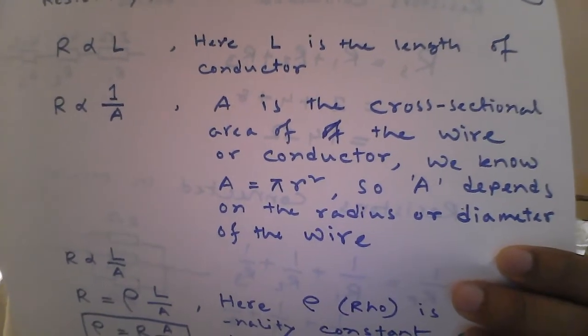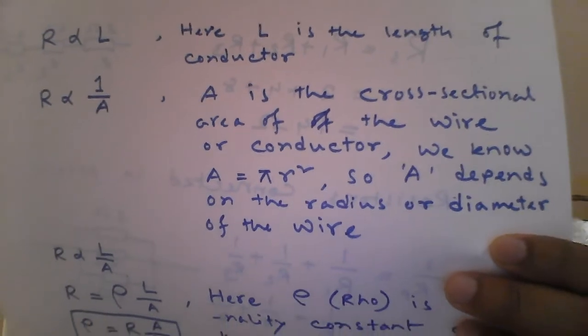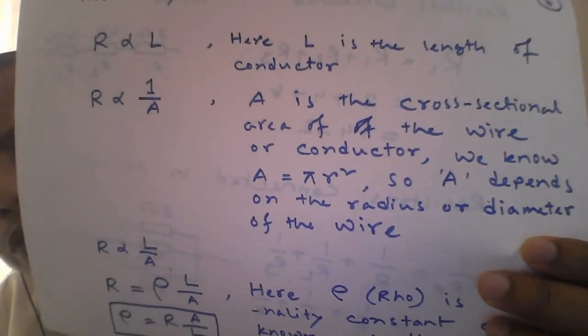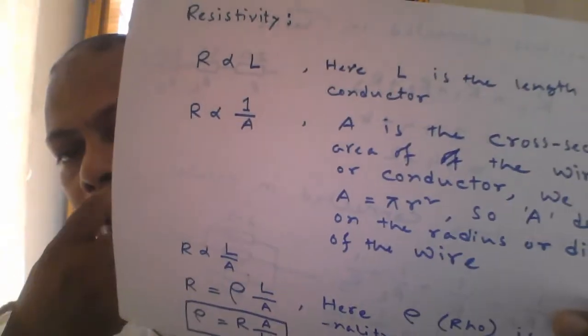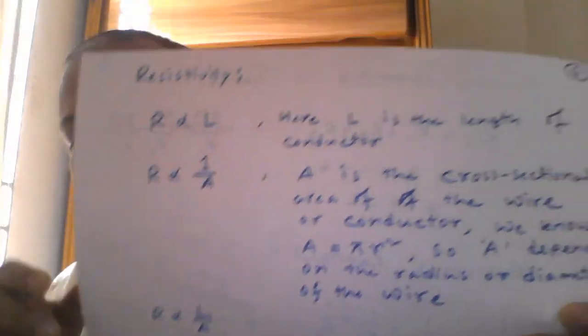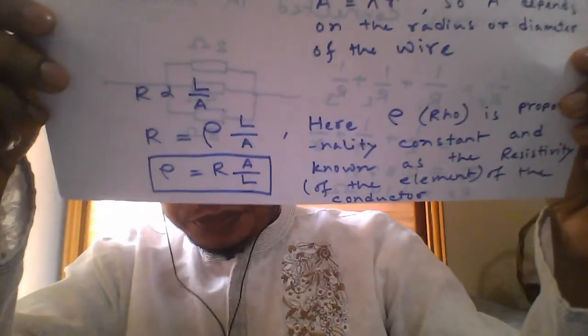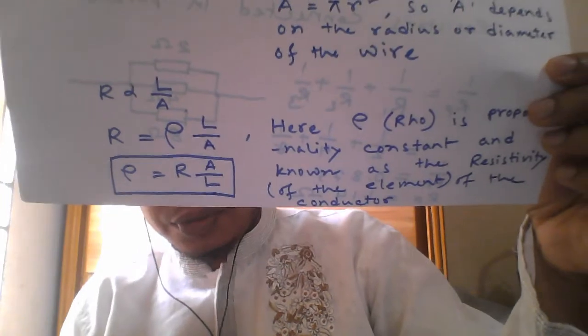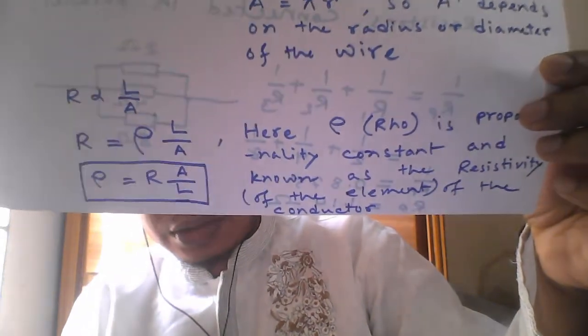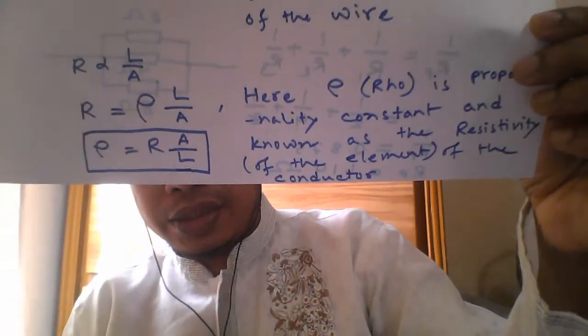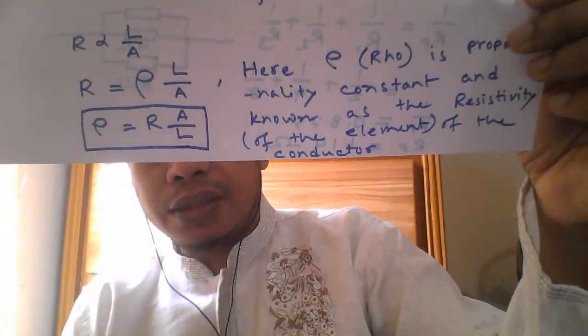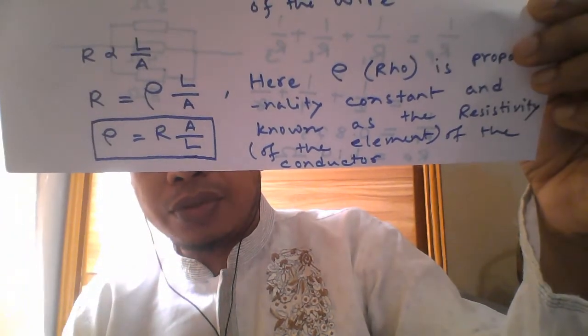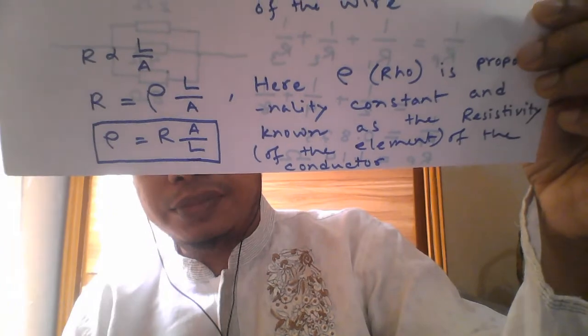So A depends on the radius or diameter of the wire. Already I told you about the relationship. Now, if we combine both length and cross-sectional area, then we get here R is proportional to L by A.